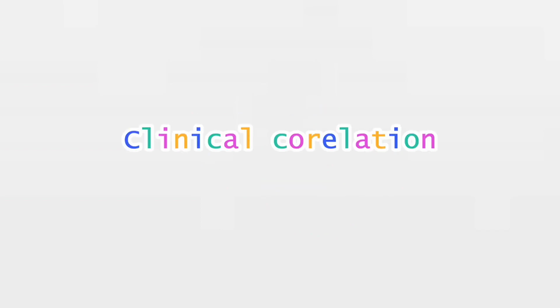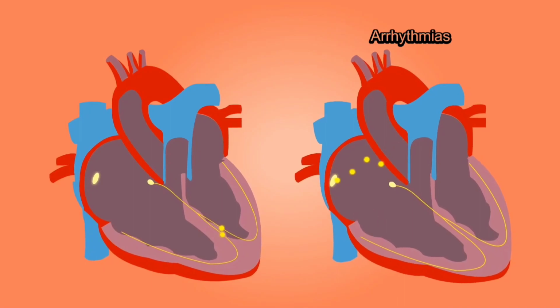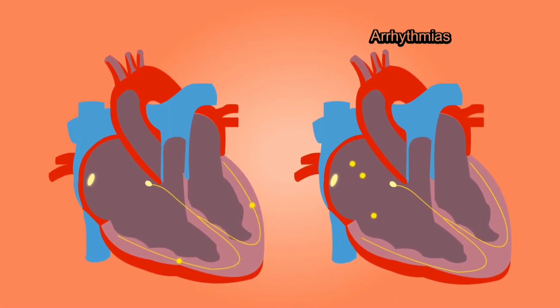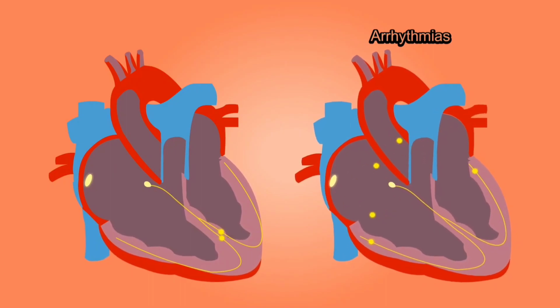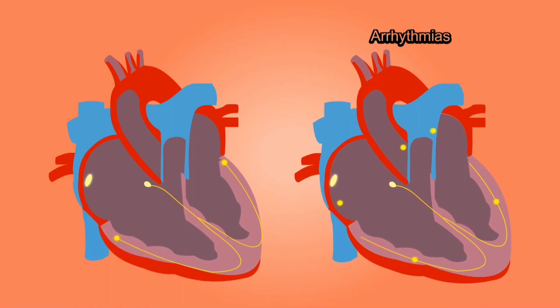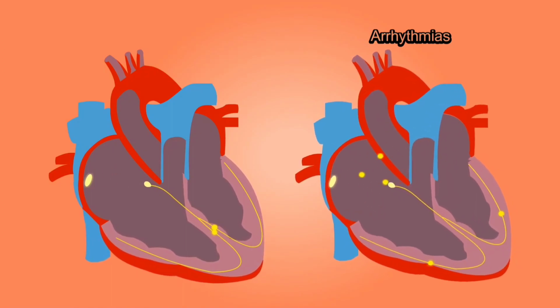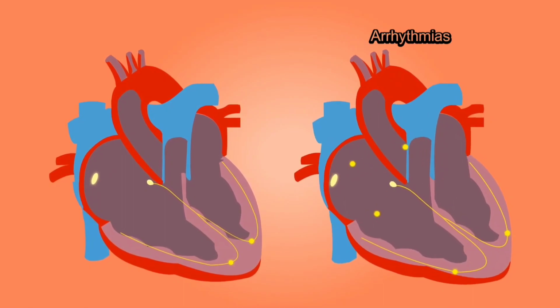Lastly, let's talk about clinical correlation, conducting system defects. Firstly, defect or damage of the conducting system causes cardiac arrhythmias, which are irregular heartbeats. If the AV bundle fails to conduct the normal impulse, alteration in the rhythmical contraction of the ventricle takes place, which is known as arrhythmia.